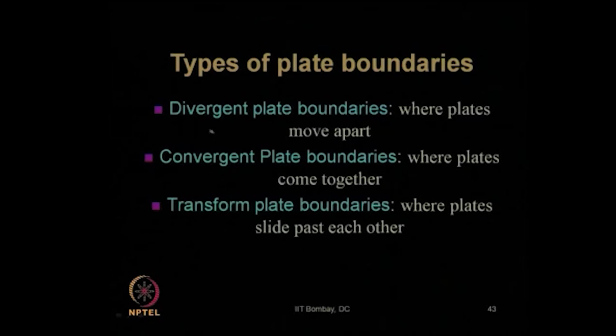One is called the divergent plate boundary. In this divergent plate boundary, the plates move apart, that is, two plates are moving away from each other. That is why it is called divergent plate boundary movement.